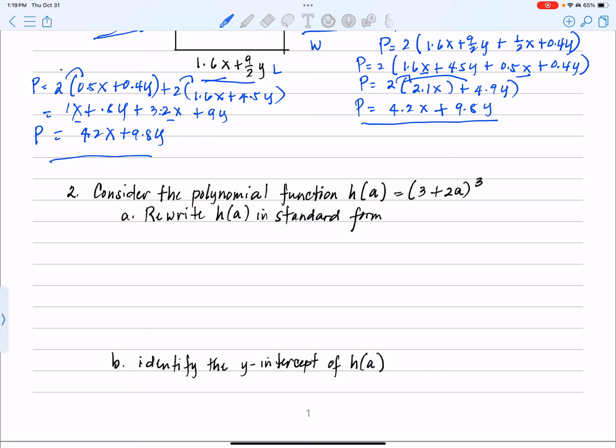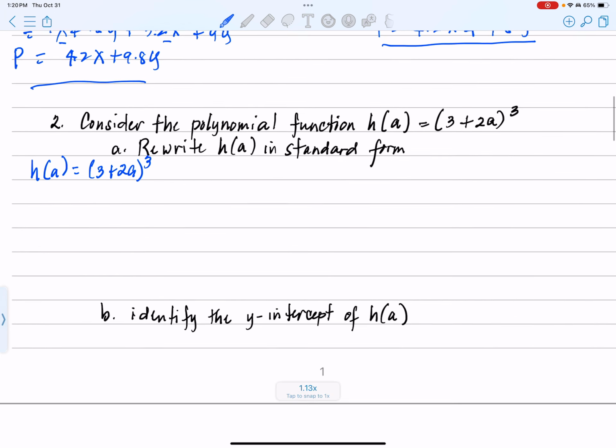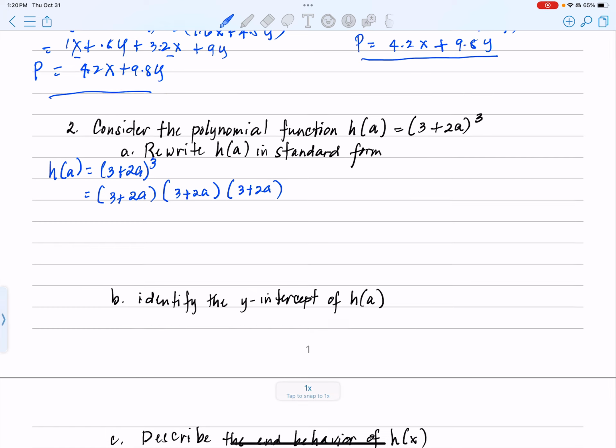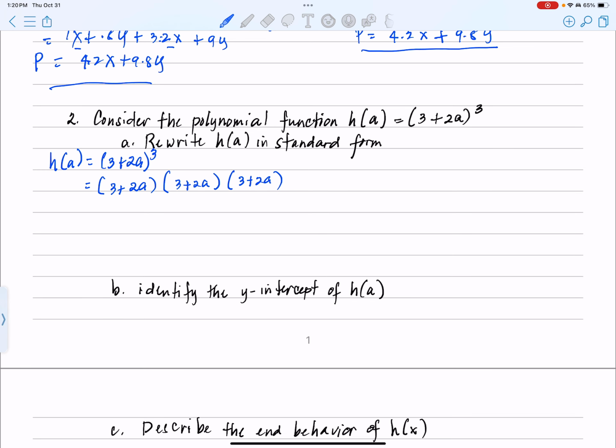Say, for example, you have H of A equals 3 plus 2A to the third power. What we usually do is we multiply 3 plus 2A 3 times since it is to the third power, right? Okay. So you can do the first 2 and do FOIL.